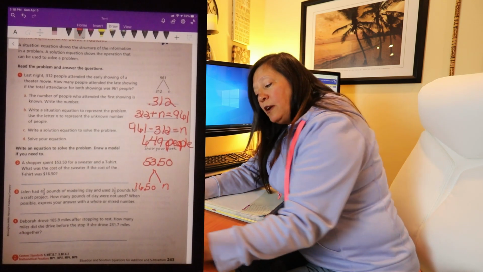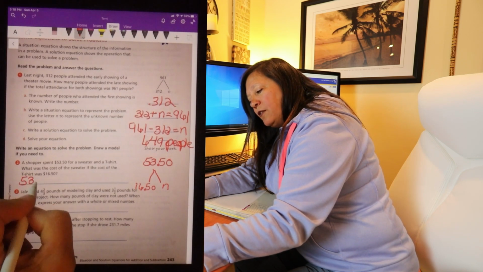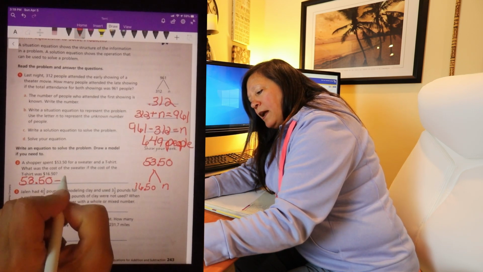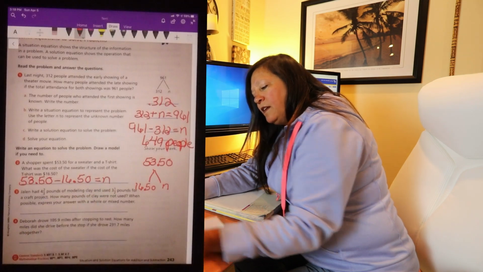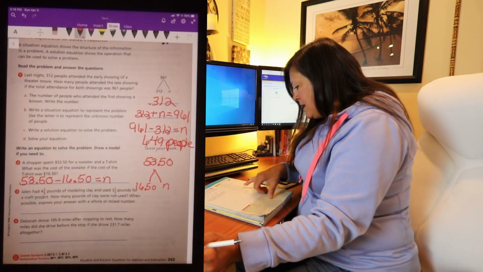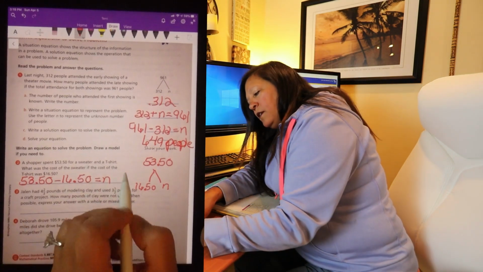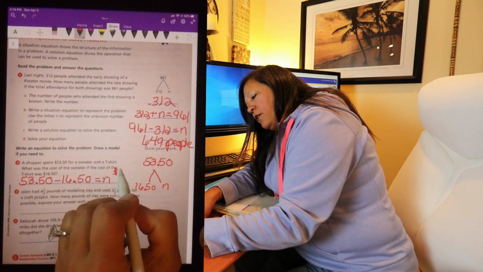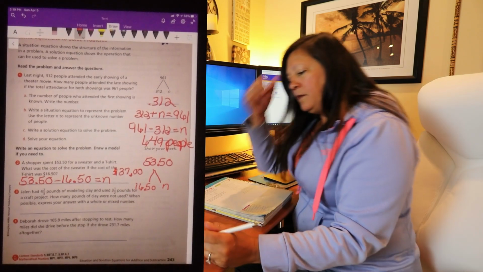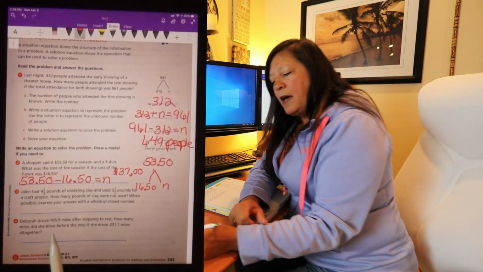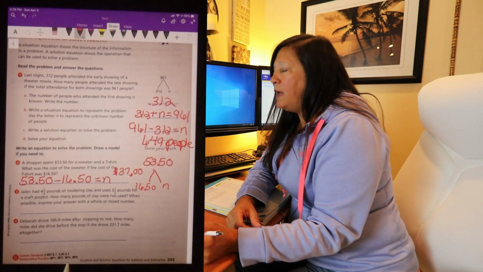But our solution equation is taking $53.50 minus your $16.50, and that's going to give you your n. Okay? And when you solve it, you should get $37. Okay? So make sure you do that math, and that's the answer that you get.